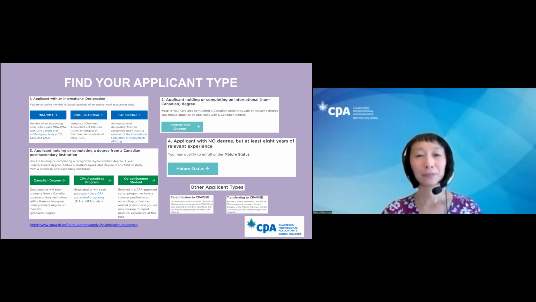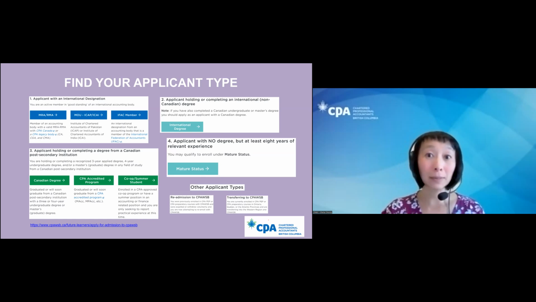Applicant type 4 is an individual who has no degree, but they have at least 8 years of relevant experience. This means the person may qualify to apply in a role under mature status.